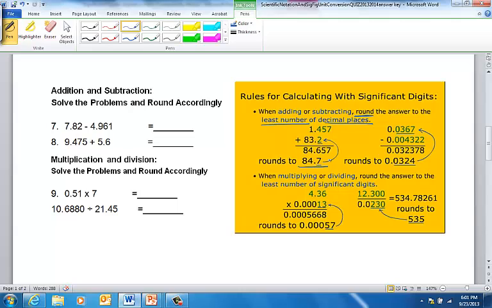So when we do the math over here, we're not limited at the 10th place. They both have a 10th place. They both have a 100th place. This one has a 1000th place, but this one does not. So we have to stop at the 100th place. So when you do that math, you find that that answer is 2.86. Okay.